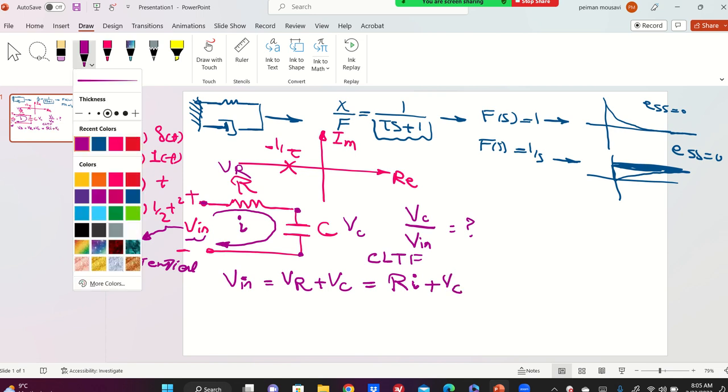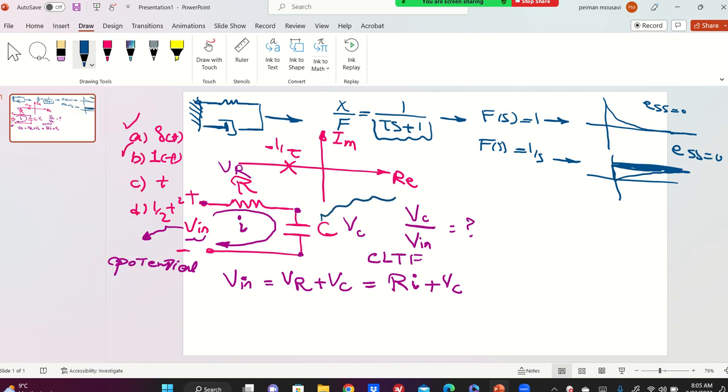What we know from elementary physics is that in the capacitor, current is C dVc over dt, or we know that the voltage of the capacitor is 1 over C, capacitance, integration of I dt. But I just want to work on this.